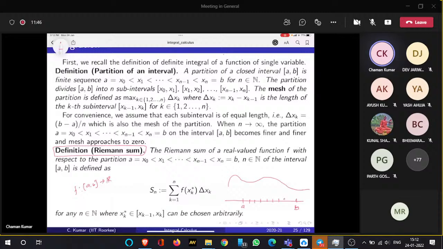Let's say the length of the kth subinterval is delta xk, and if you look at this kth subinterval, you have this rectangle.